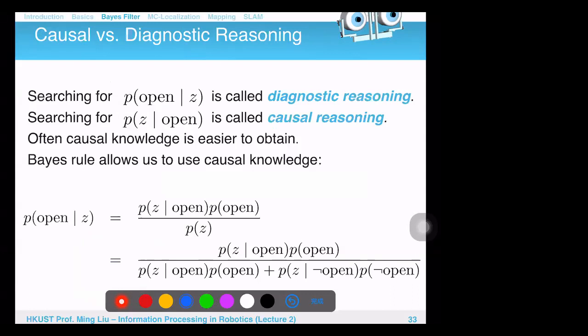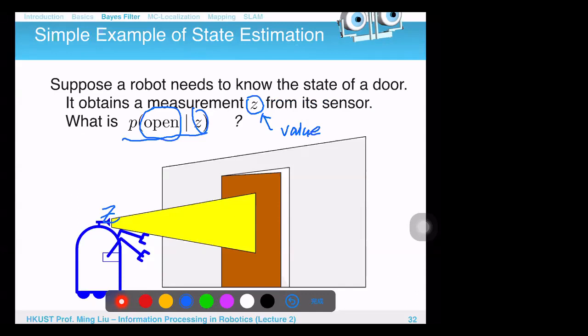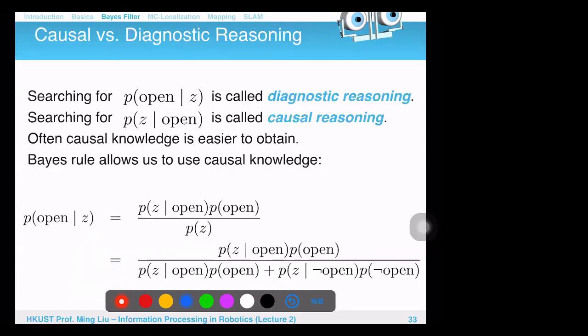And this problem is really more difficult to answer, because in this scenario z can be any value given the condition of the door. If we look at the inverse problem, where you observe a z, the probability that the door is open seems a more difficult problem than the causal reasoning.